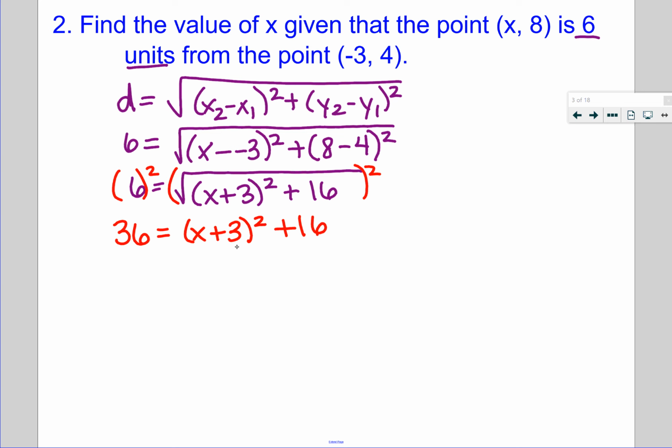You can go ahead and just isolate this parentheses to solve for x. So I'm going to subtract 16 to the other side. That's going to give me 20 equals (x plus 3) squared. Then I'm going to take the square root of both sides. So square root of 20, don't forget your plus or minus, that's very important here.